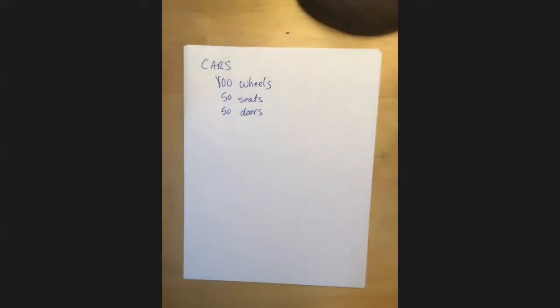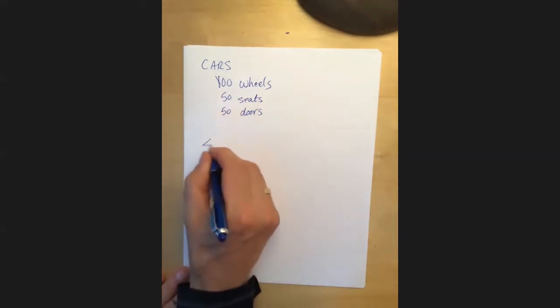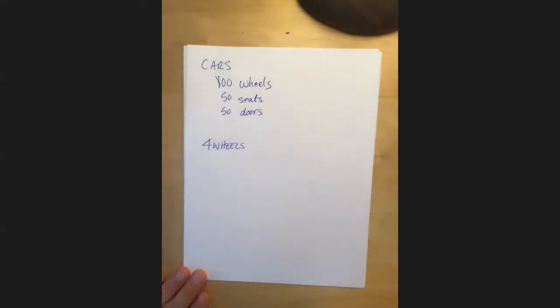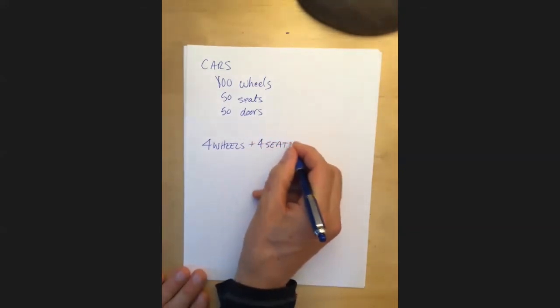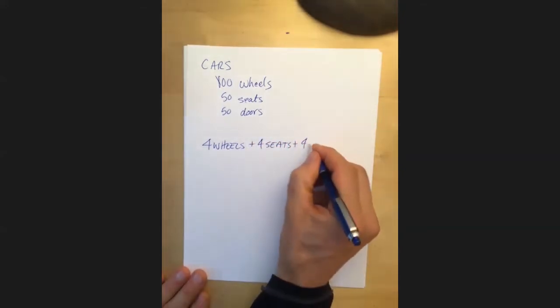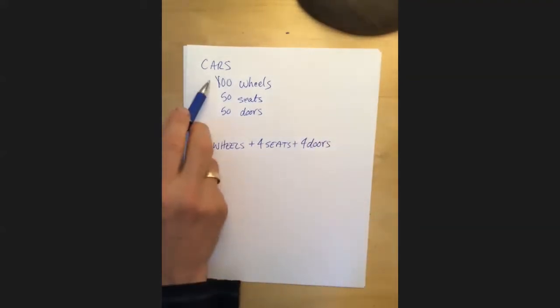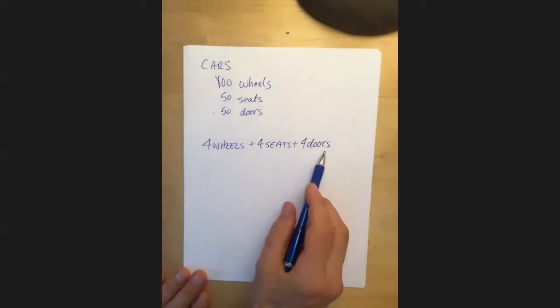And so I'm going to build cars, but I have to decide, well, I can build a couple of different kinds of cars. I could build four-wheeled cars with four wheels, plus 4 seats, plus 4 doors. And if I do that, this number of car parts will give me a certain number of cars. But maybe it's not a 4-door car.